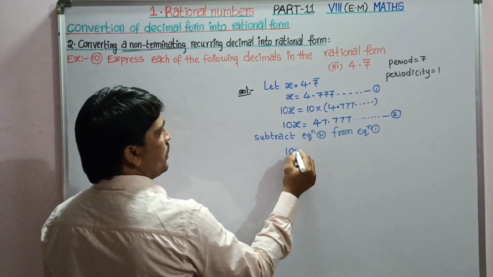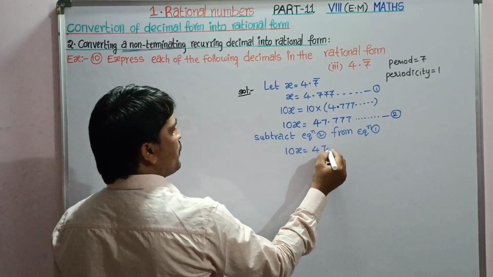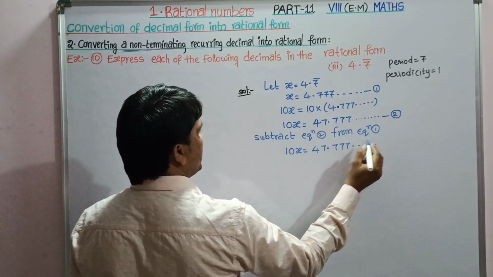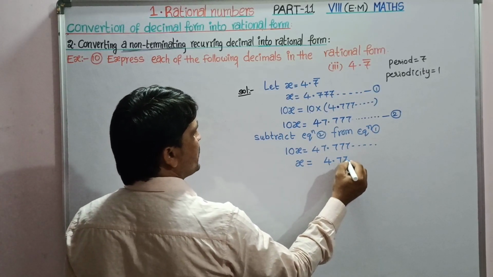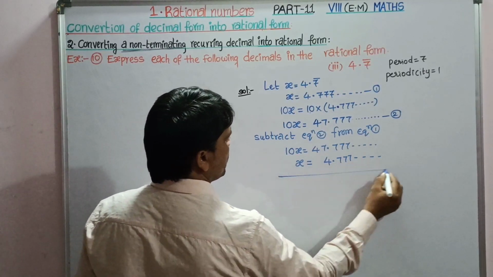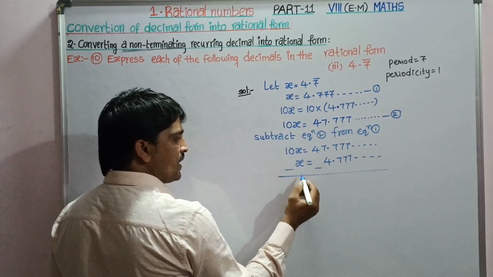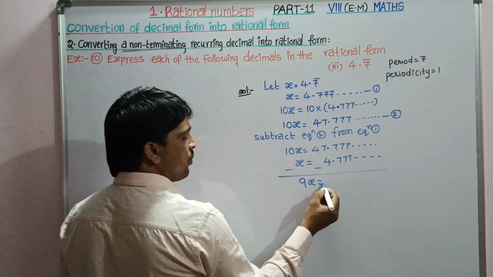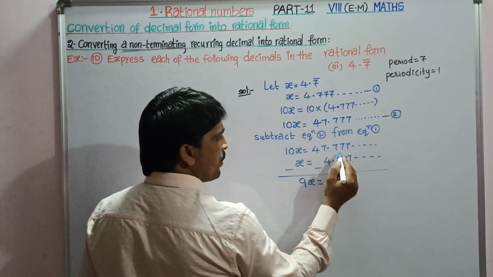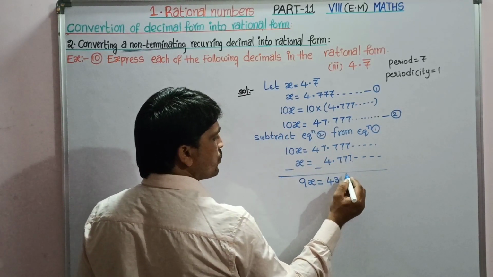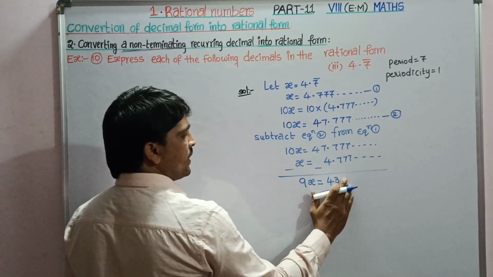Now equation 2 is 10x equal to 47.777 and so on, and equation 1 is x equal to 4.77 and so on. We are subtracting both of these. 10x minus x equal 9x. 9x equal 47 minus 4, that is 43. The decimal part, 7 minus 7, all are zeros, so leave the zeros and the decimal point.